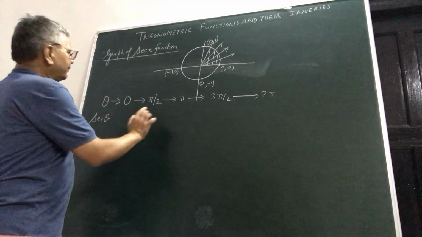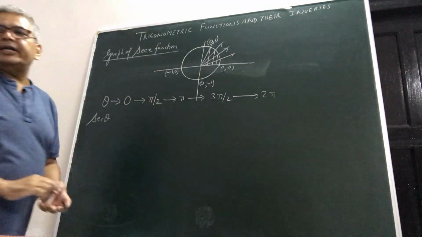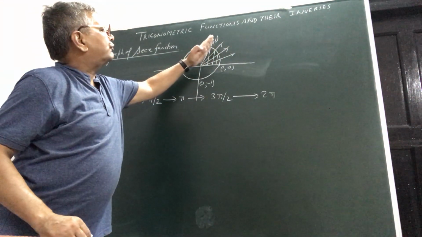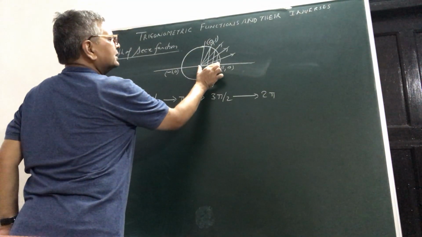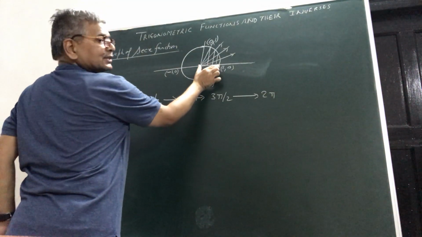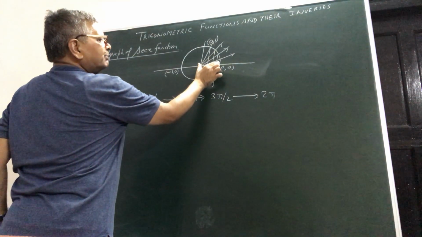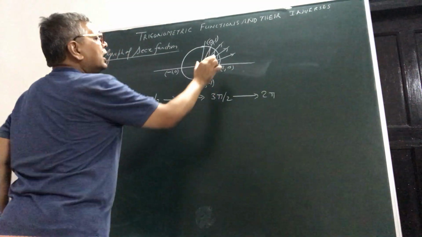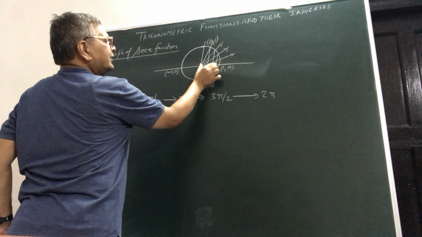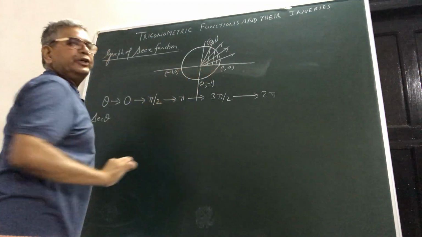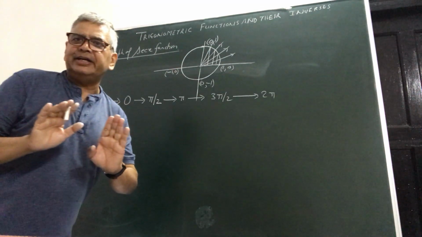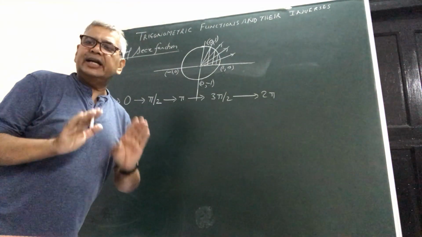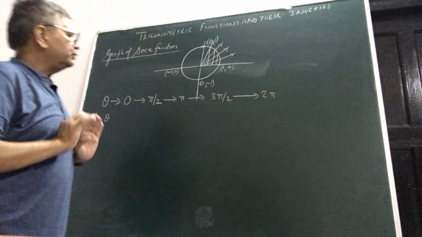So as this terminal ray goes from 0 to pi by 2, the value of x1, that is the abscissa, remains positive, and it diminishes from 1 to 0. And mind it, in between it will take all the intermediate values from 1 to 0.